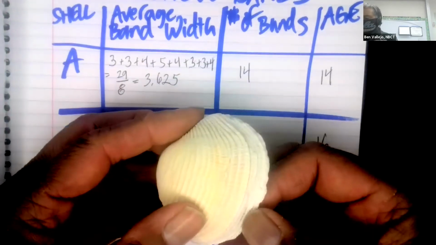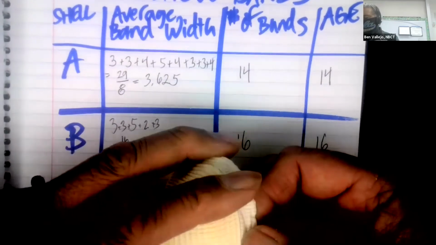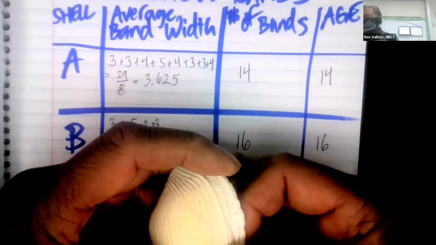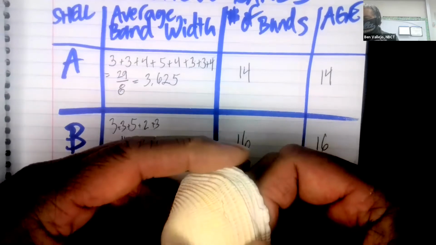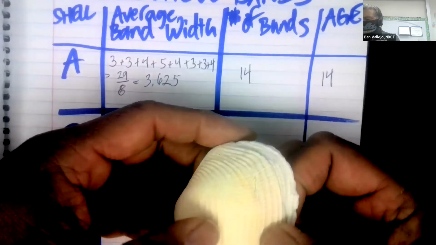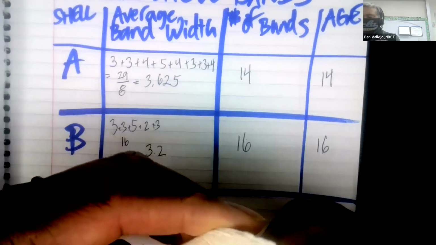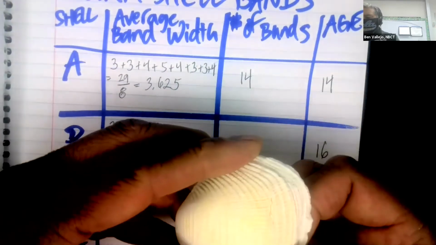Here we go, 1, 2, and then this band right here is this really big one. 3. Let's see. Hard to see on this now. I mean, if you take a look, you feel it.